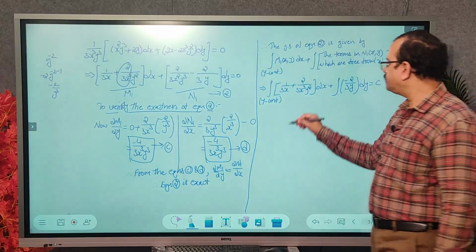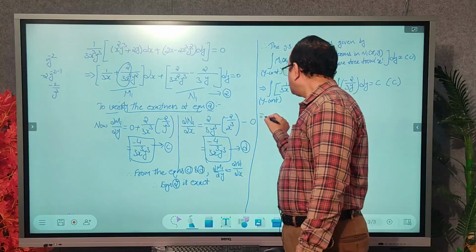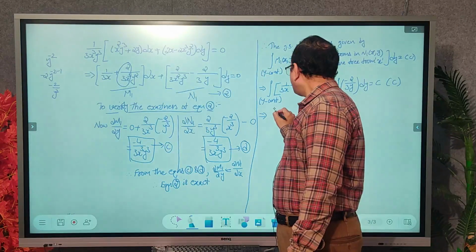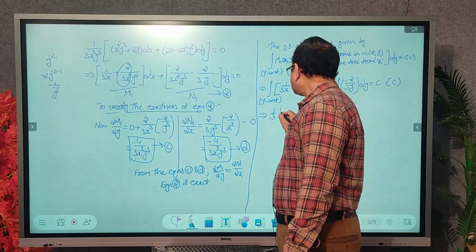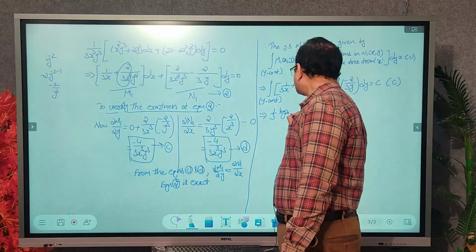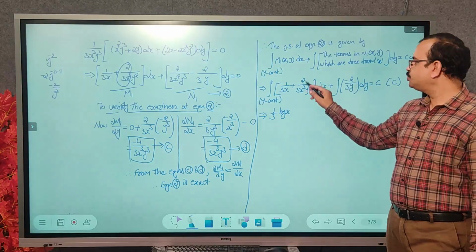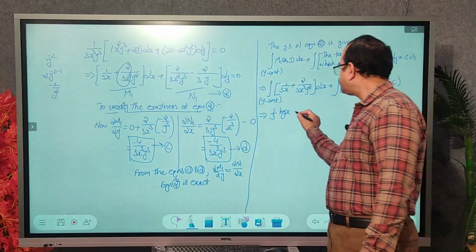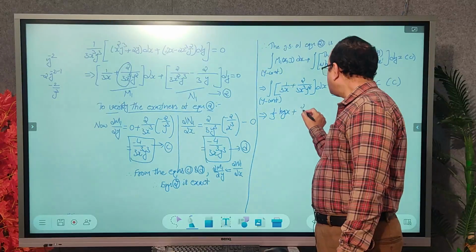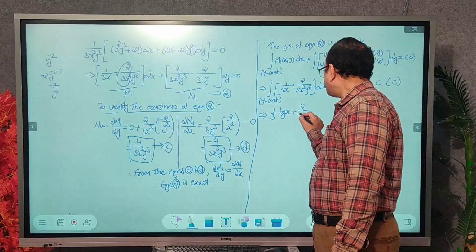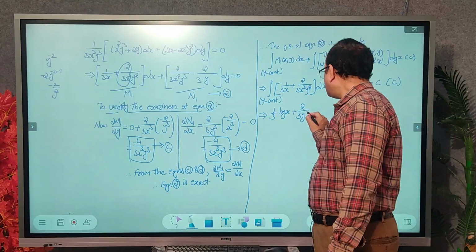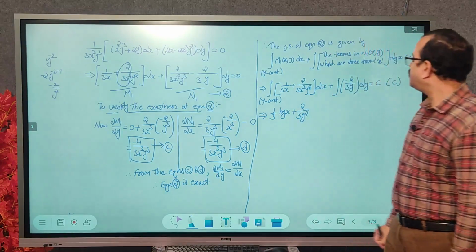Okay, now we will go for the integration. So integral of 1 by x is nothing but log x, and here y is a constant, means 2 by 3y square is constant, means you can write plus 2 by 3y square into 1 by x cube.